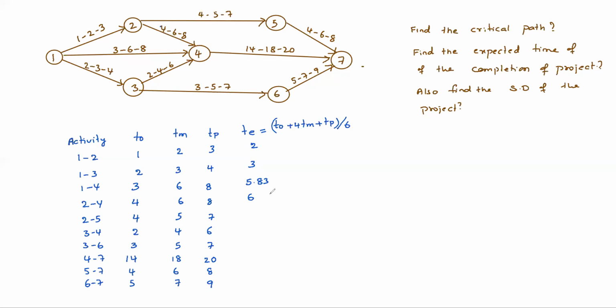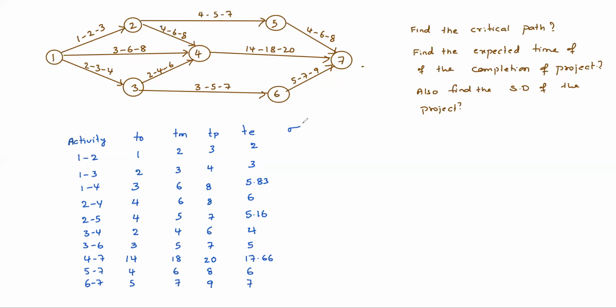Then 2-5, 5.17. 3-4, 4. 3-6, 5. 4-7, 17.67. 5-7, 6. 6-7, 7. These are the expected times.